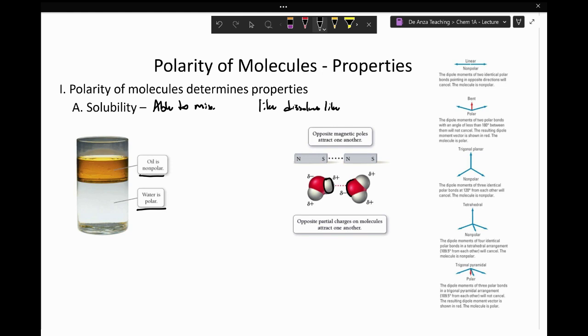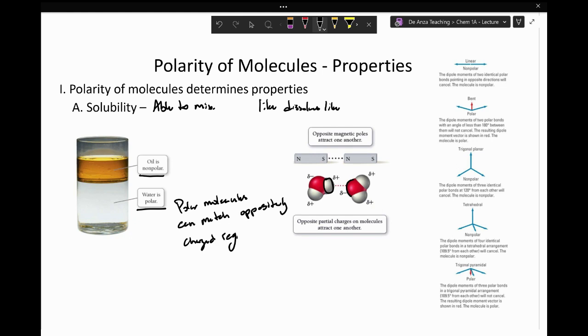So polar molecules can match up oppositely charged regions. And we'll get into this in Chem 1B and 1C.